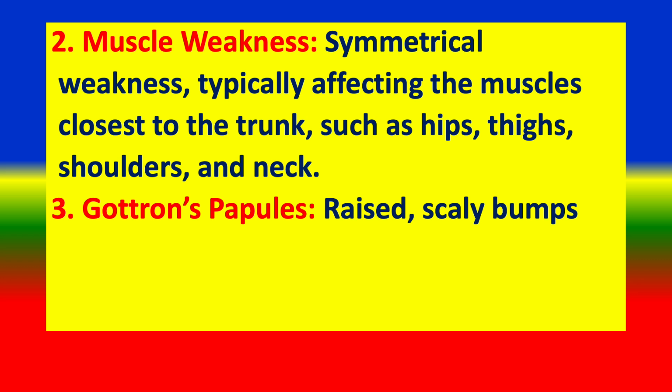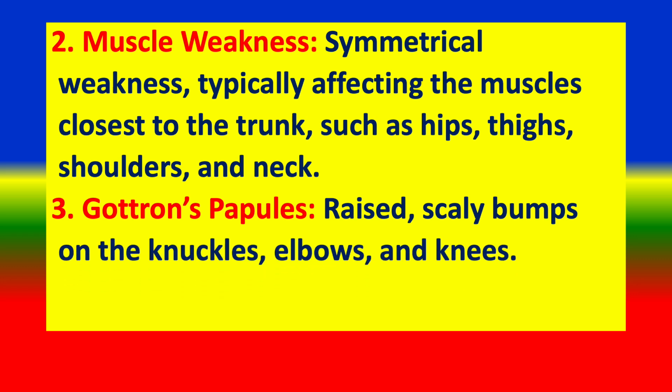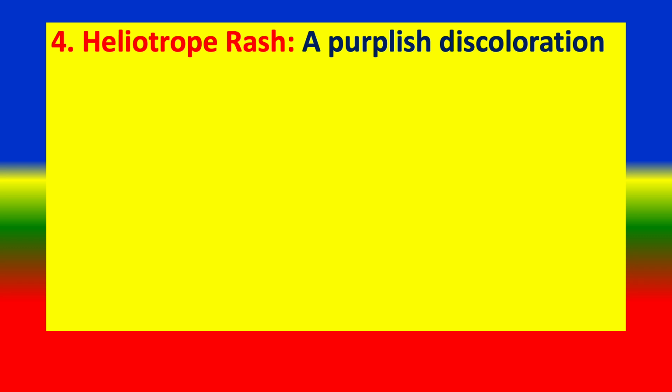3. Gottron's papules, scaly bumps over the knuckles, elbows, and knees. 4. Heliotrope rash.